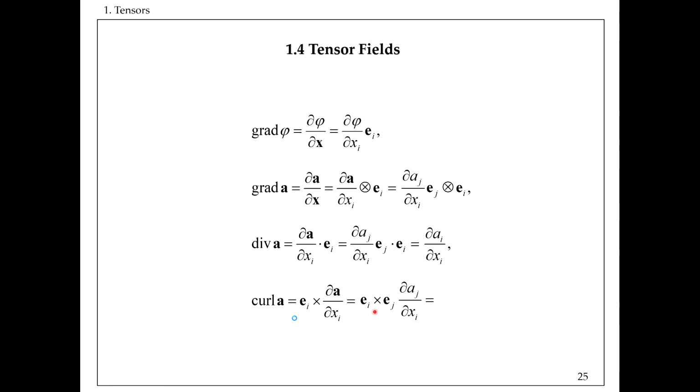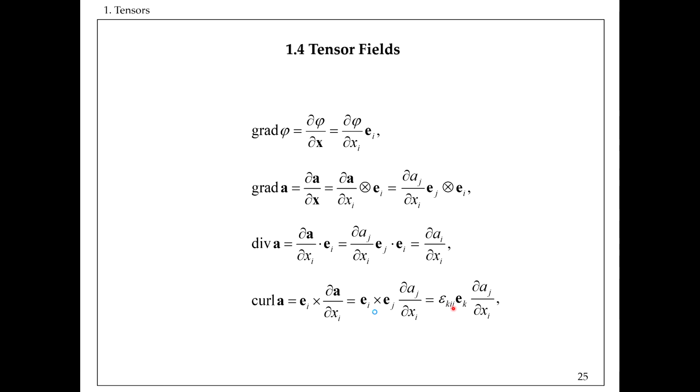If you remember, we defined the permutation symbol, or Levi-Civita symbol epsilon, in a certain way. We defined it in terms of the components of a vector, but basically we could also define it as the vector product of two vectors through the Levi-Civita symbol that was there.